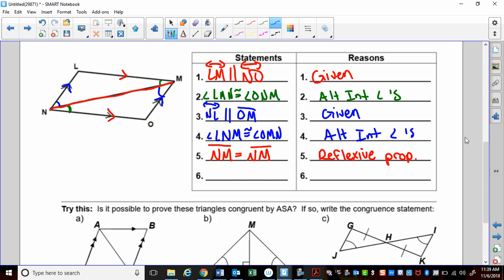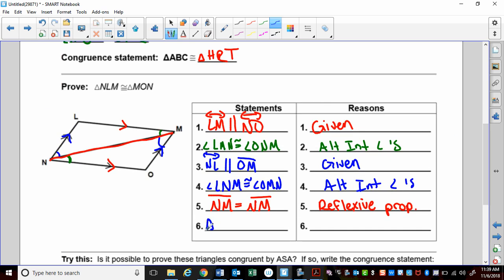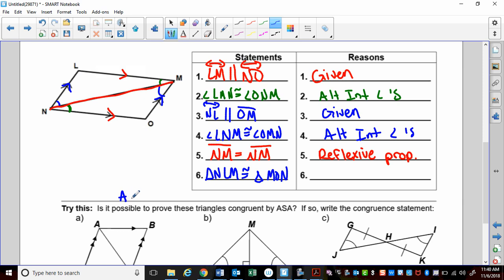So I'm going to restate what I'm trying to prove, that triangle NLM is congruent to triangle MON, but my reason is always going to be one of those 5 reasons, like angle, side, angle, angle, angle, side, side, side, side, side, angle, side, or HL. These are my 5 reasons that we're going to use for the ending proof. And this one is going to be angle, side, angle.